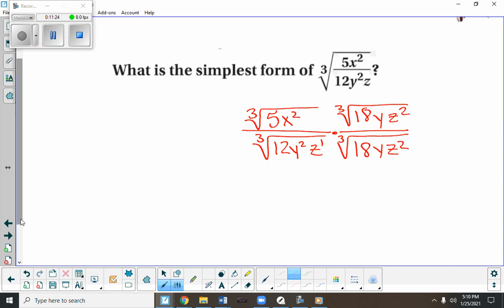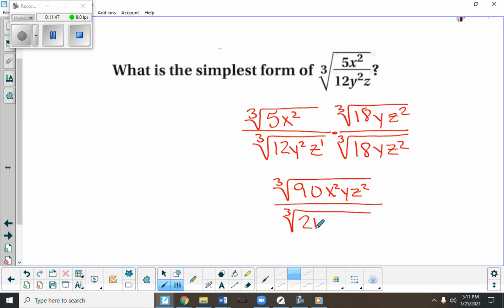Now, when you multiply these together, multiply straight across, then you have the cube root of 5 times 18, I need to punch that out, is 90. And then you have x squared, y, z squared. And 12 times 18 is 216. And then I would have y to the third, z to the third.